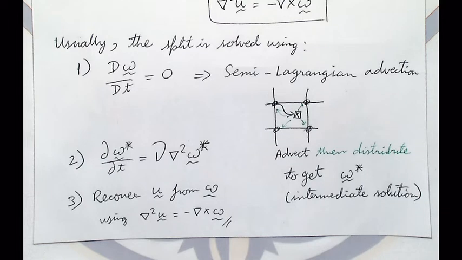Okay, but again, every method has its own pros and cons, and the con here is, if you have a wall, what is the boundary condition for omega? So what do you think? At a wall, what is the boundary condition for velocity? Velocity is 0. U is 0, V is 0.